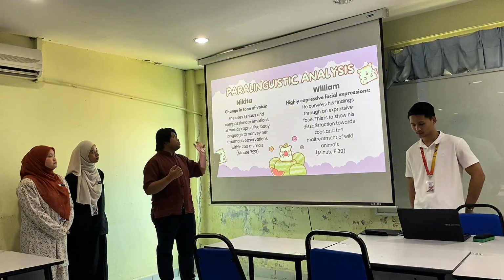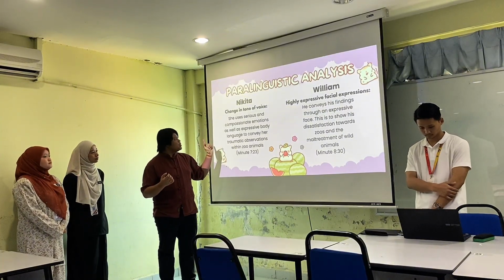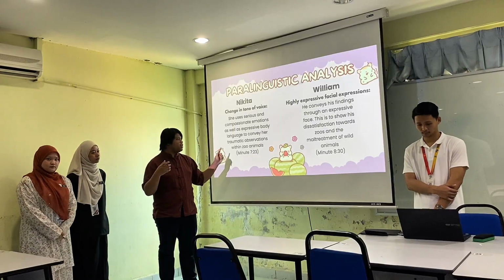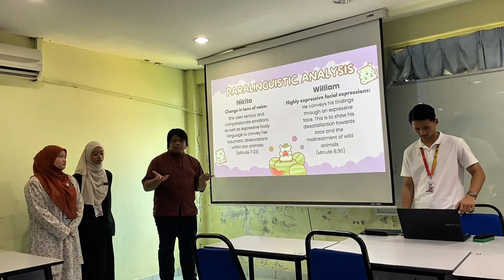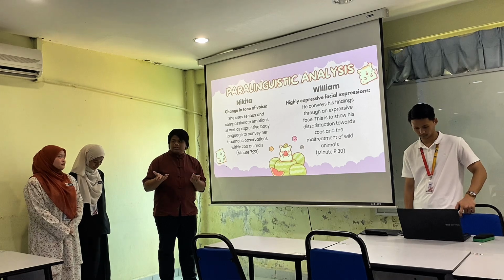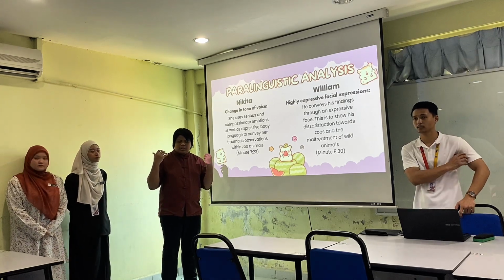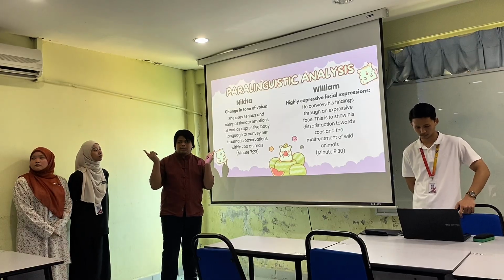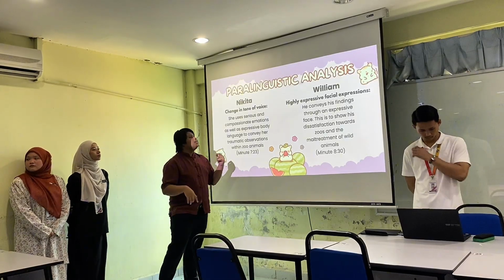This means that she uses serious and compassionate emotions as well as expressive body language to convey her traumatic observations. When it comes to body language, she tends to either jump up and down or show more emotions on her face.